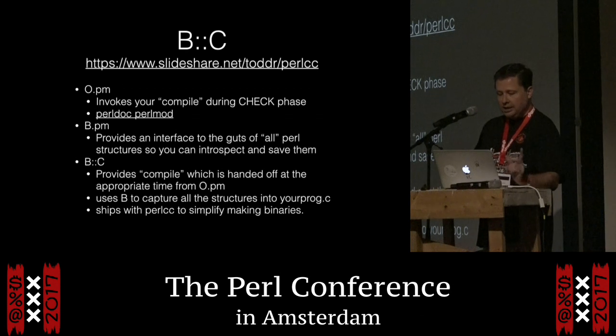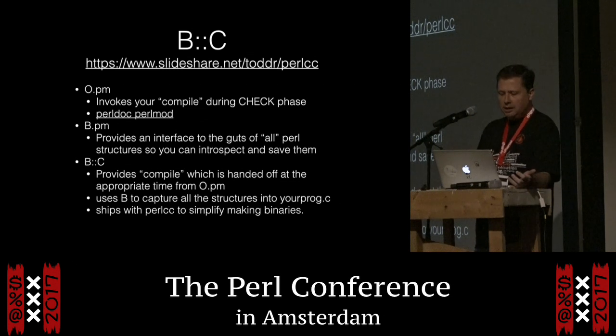He also created the B module, which is the interface to finding out everything about your Perl structures and your Perl internals, so that at any given time you can understand the state. A lot of code uses B under the hood to do fancy things in Perl.